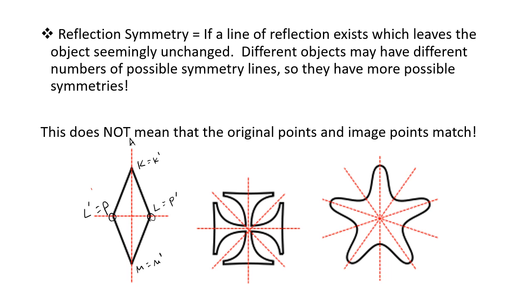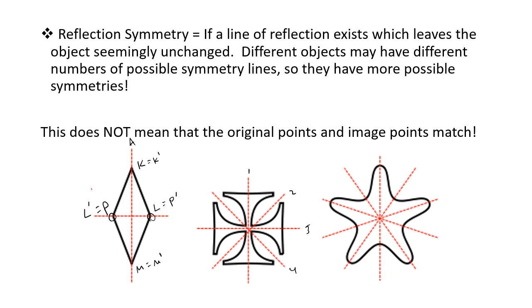Also, be careful. A lot of times when students see a shape like this middle shape, you'll ask how many lines of symmetry there are, and students will count 1, 2, 3, 4, 5, 6, 7, 8 lines of symmetry. Hopefully you see what's wrong with that: we've counted all these lines twice. Line 1 and line 5 are actually the same line. 2 and 6 are the same line. 3 and 7 are the same line.